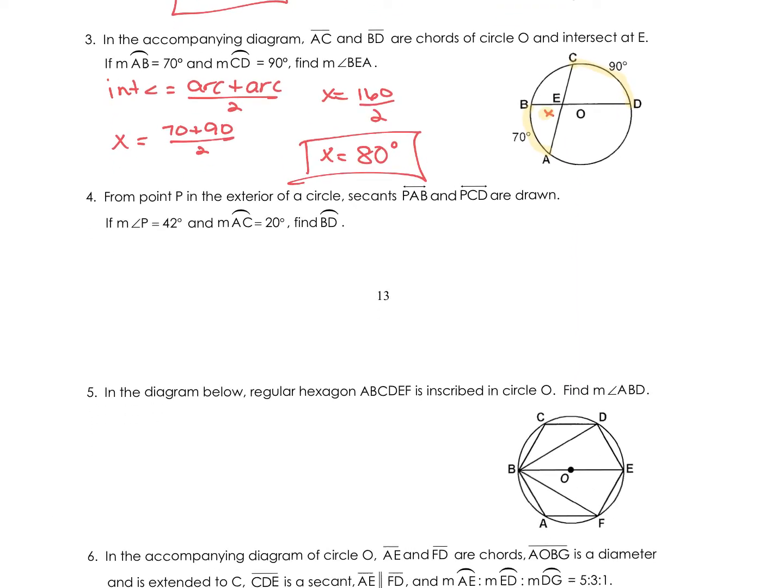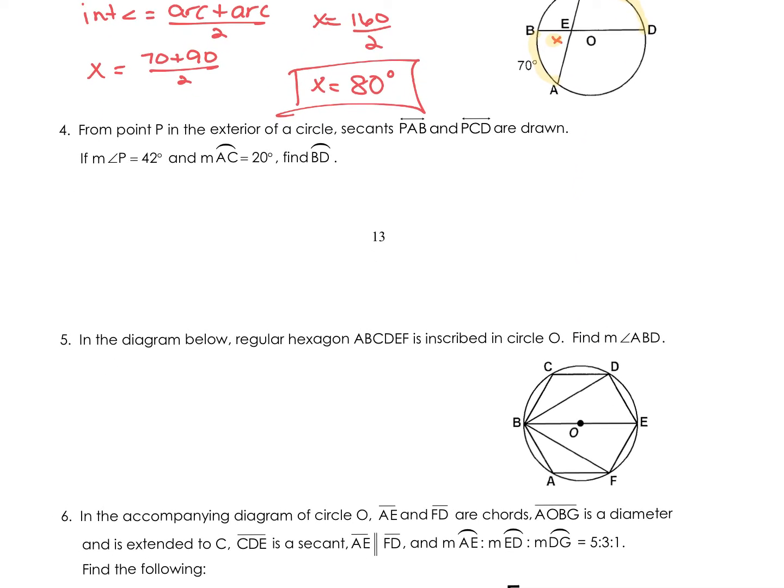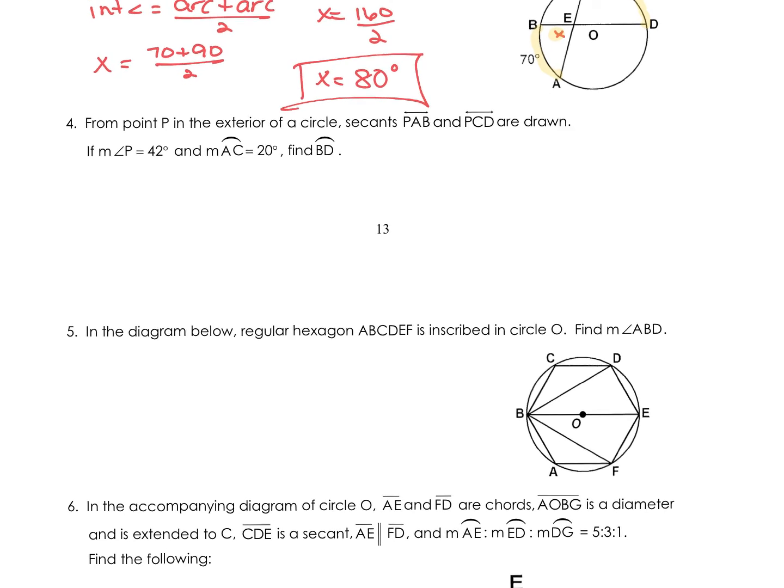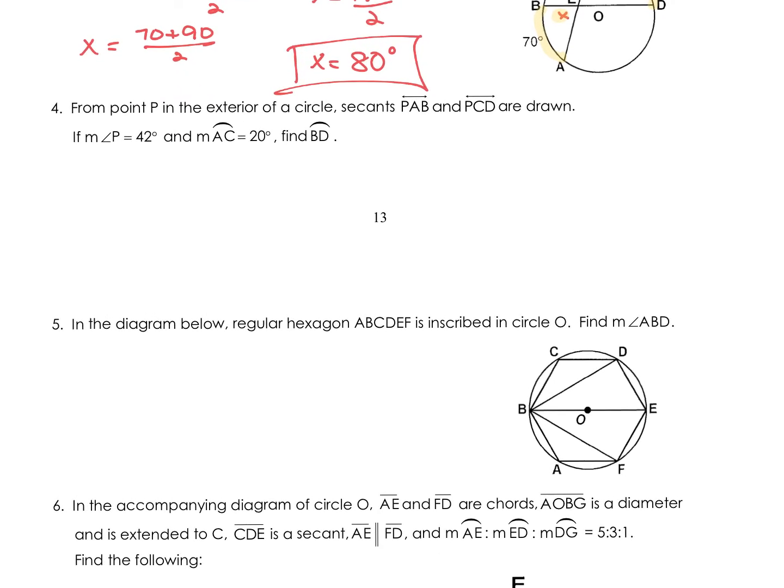All right, number 4. We have a point P in the exterior of a circle, where two secants are drawn. All right, so I'm going to use my space here to draw a circle. Now remember, secants touch twice. So I'm going to draw one crossing twice, and I'm going to come back and touch twice again.